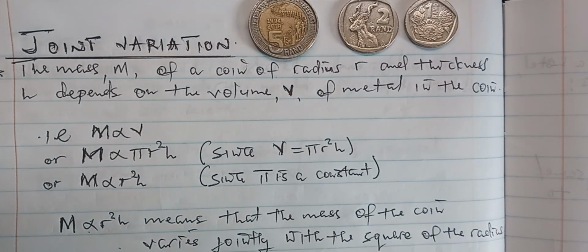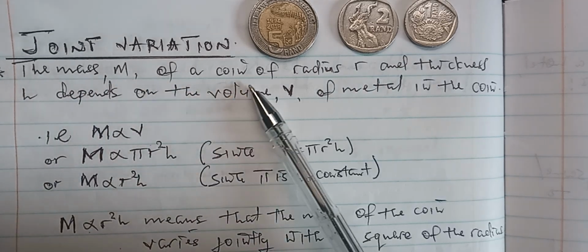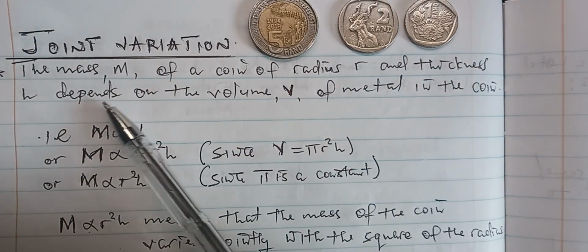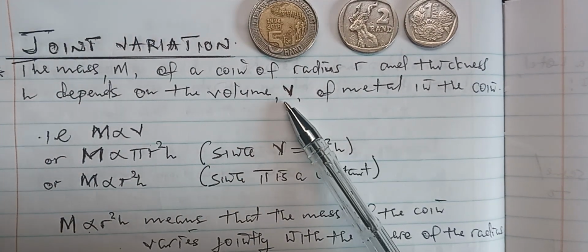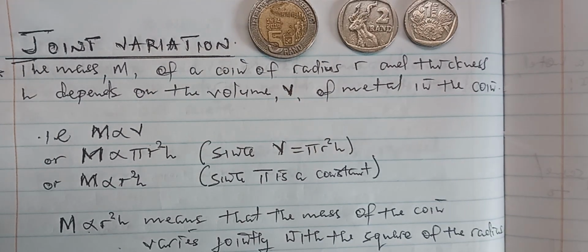If we look at the statement that we've got here, the mass m of a coin of radius r and thickness h depends on the volume v of the metal in the coin. So this is a statement which presents what is called joint variation.